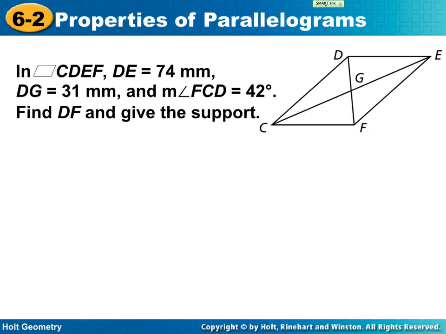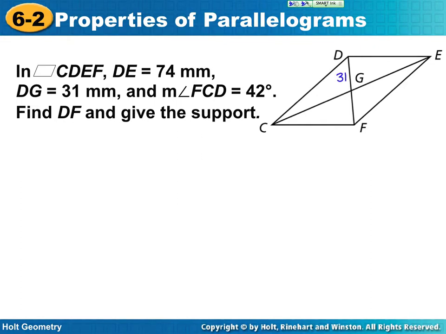Okay, what's DF's length? And notice DF is a diagonal. Are the diagonals the same length? No, so it doesn't matter what CE is. It wasn't even given. So how are we finding DF? Right, it says DG is 31.